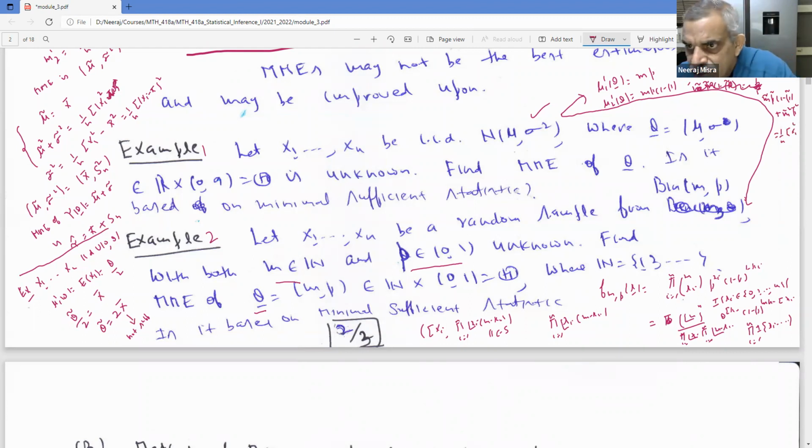Now note that you can solve this in terms of M tilde and P tilde. You can obtain them by simultaneously solving these two equations. They depend on X bar and 1 upon n summation Xi square.